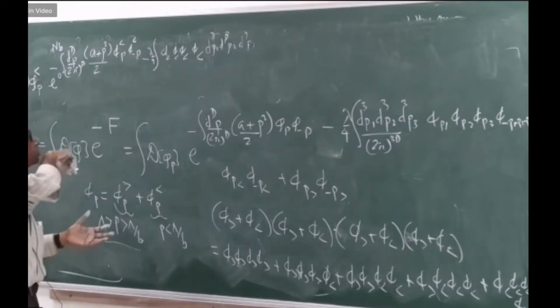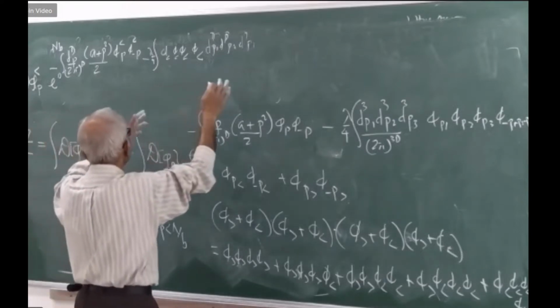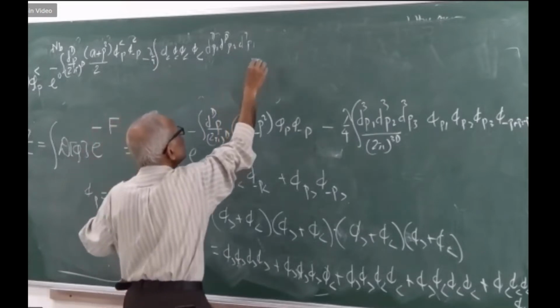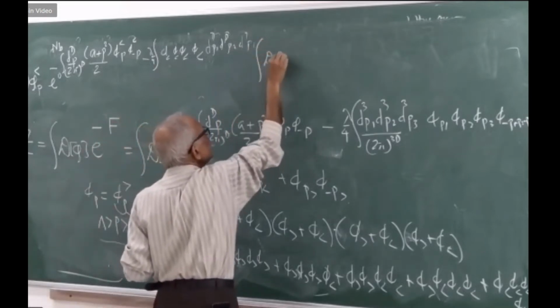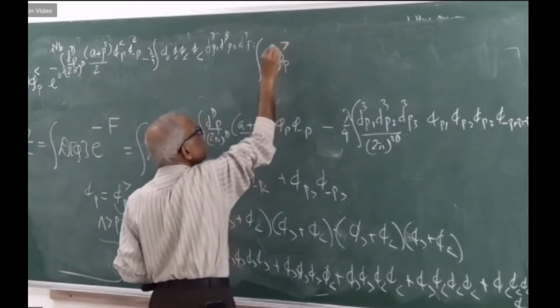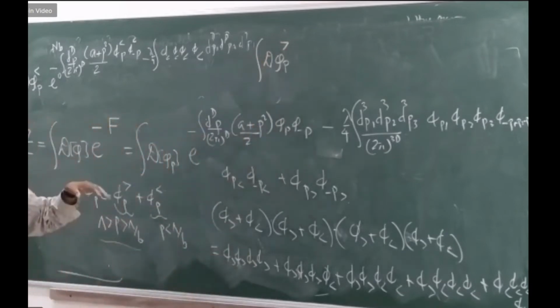And so this is entirely over phi which is less, and then there will be d of phi which is greater, and less. Integral over less means that it is all only less terms over here.